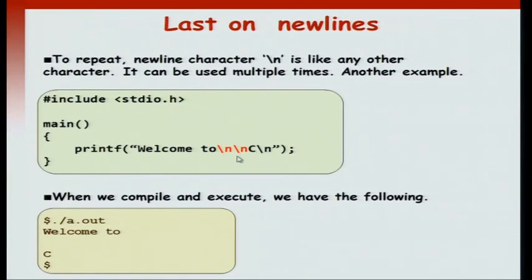Okay, so I have repeated occurrences of \n in the same message. What it will do is it will print the message welcome to, then it will print a new line, and then it will print another line, and then it will print C followed by a new line. Okay, so when you run the program, you will have welcome to, new line, then a blank line, then C, and then another line. Okay, so new lines are just like any other characters.